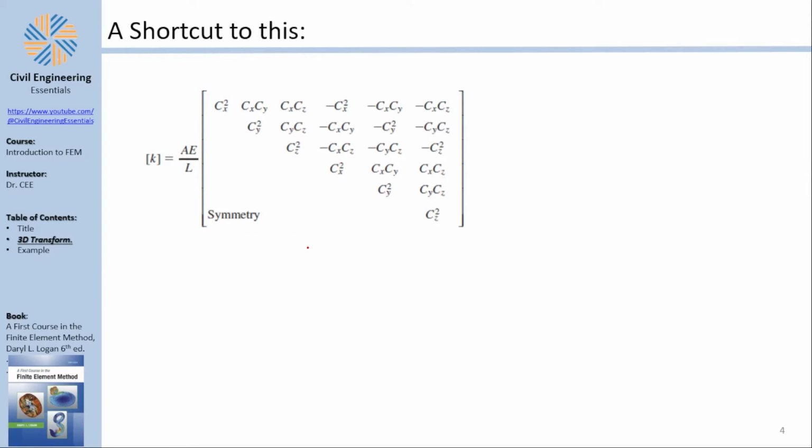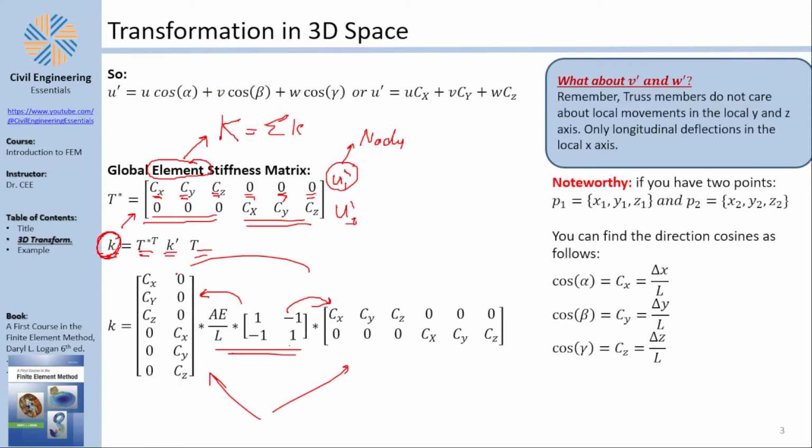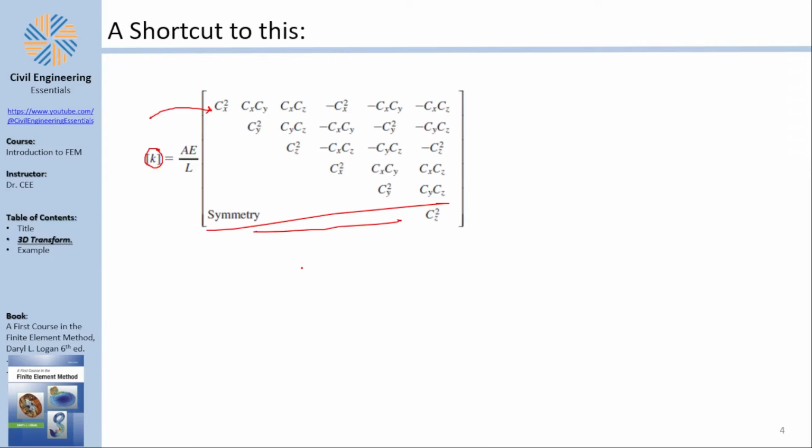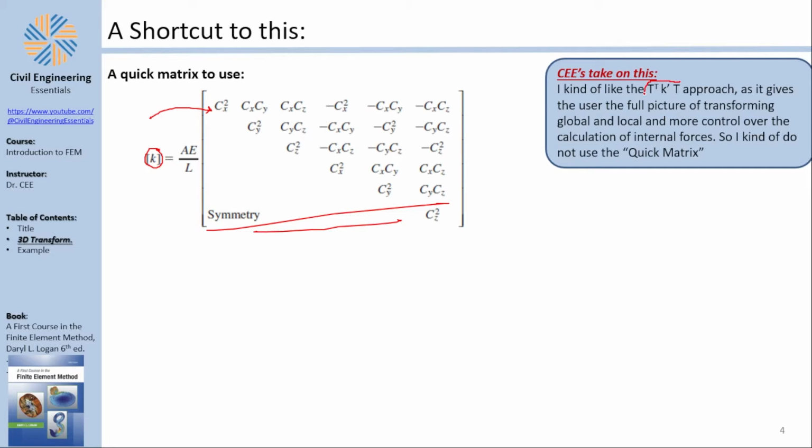Of course, the book now gives you one full shortcut for this, which gives you K, the element global stiffness matrix, which basically gives you this. Now, what is this big matrix? This big matrix is basically the solution of this entire calculation. I am not a fan of it, to be honest. I like to take the mathematics approach of saying T transpose K T. Why is that?